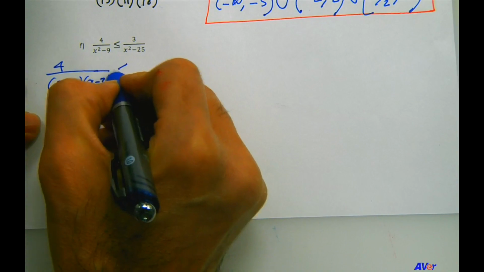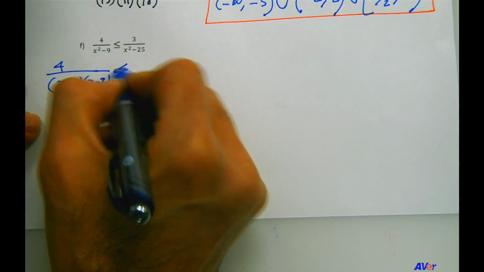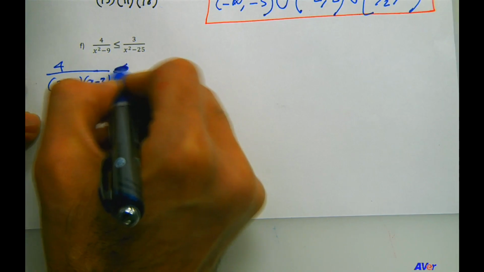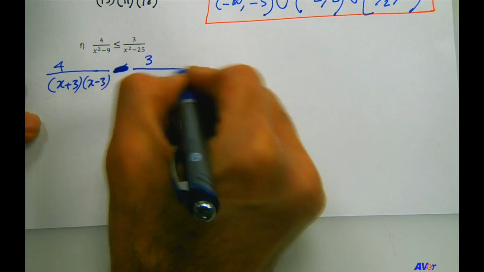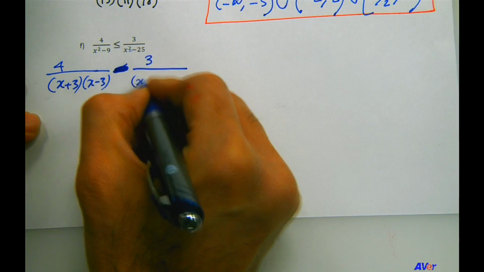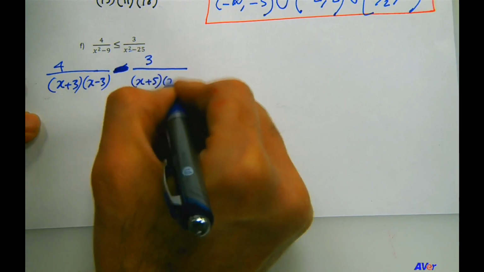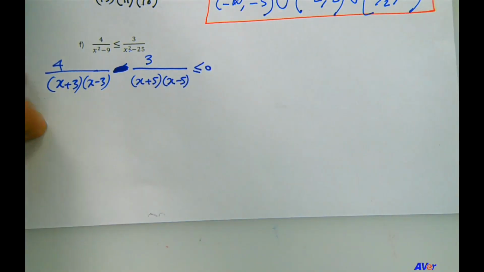And then minus, right, minus, moving that to the other side, we have 3. This is also a perfect square minus another perfect square, so we have x plus 5 times x minus 5 less than or equal to 0, right?